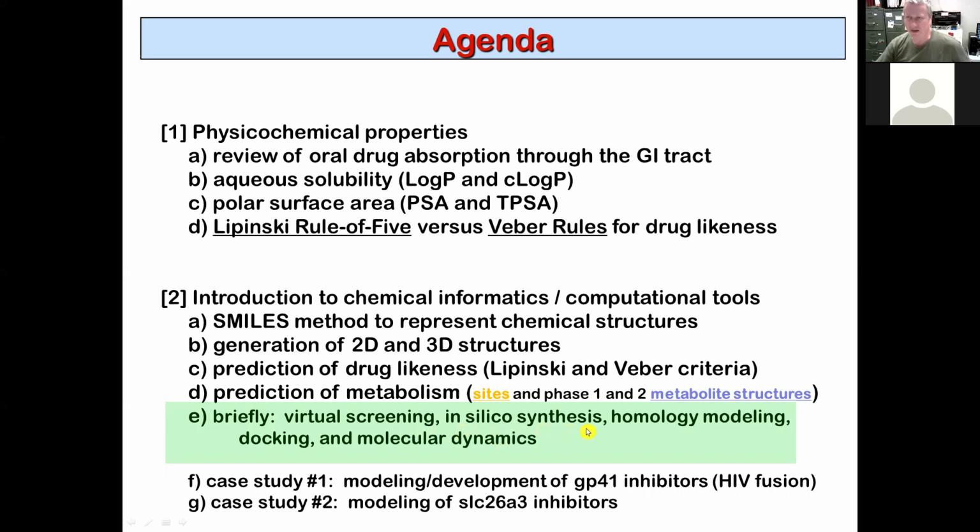You'll be doing that in a homework assignment. Homology modeling, docking, and molecular dynamics: I can demonstrate them, but not to the extent that I can have you easily do them. You might do this in a computational course. But the in silico synthesis is definitely something you guys can do, and you will do. It'll be fun. And then I'll do a couple of these case studies.